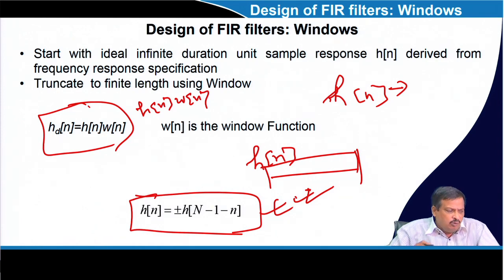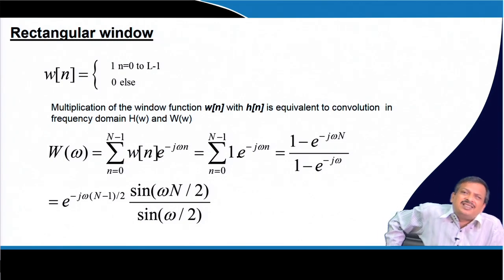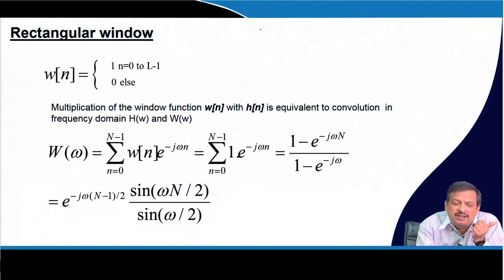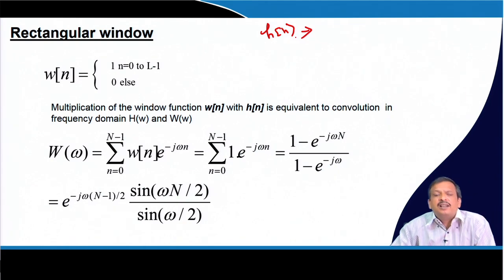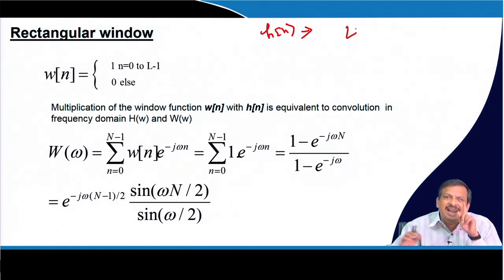Okay. So, how do I design that filter? Once I design the filter, I have to define a window. The role of the window is to cut h of n to a finite duration. Let the length of the window be L. So, L is also the order of the filter.